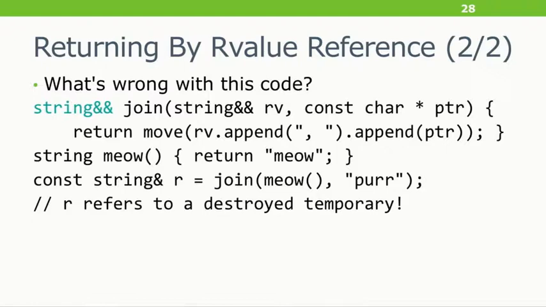But that's very specific to directly binding to a temporary. Any intervening function calls, and the compiler cannot see that. And if you introduce intervening function calls, then the temporary is destroyed at the semicolon. So in this case, the temporary returned by meow, which has been appended to in place, is destroyed at the semicolon. R refers to a destroyed temporary, and the next time you try to access it, you'll get undefined behavior.